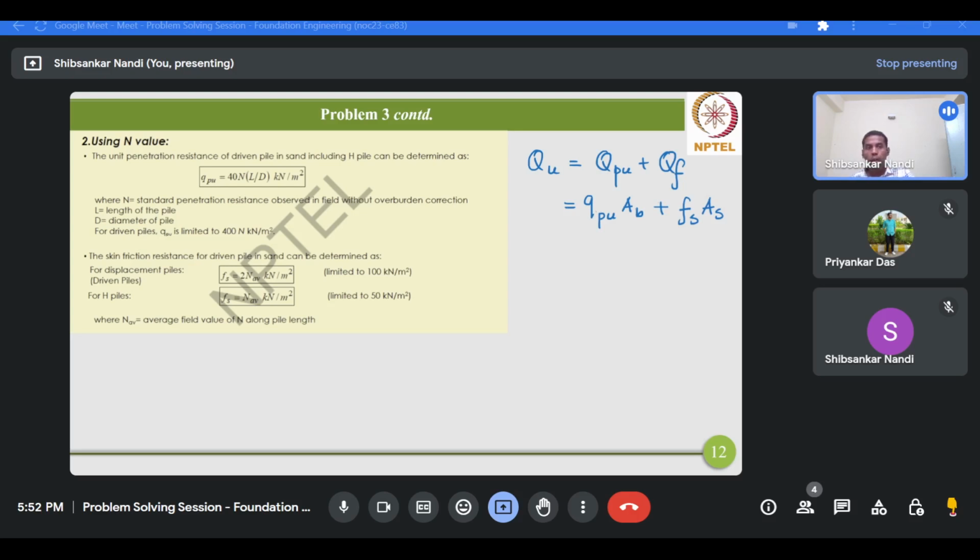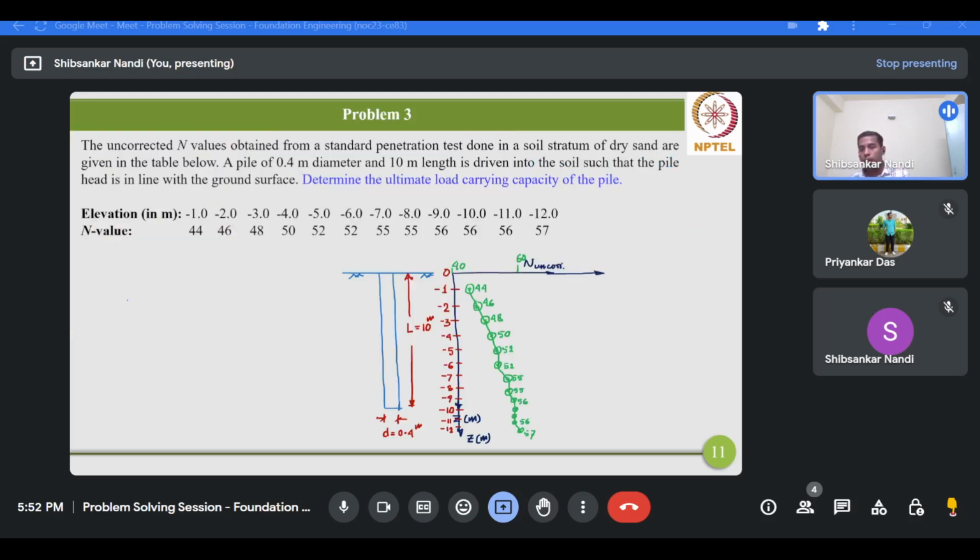Now AB and AS are very easy to calculate because the pile geometry is directly given to you. AB will be simply pi by 4 D square, and AS will be pi D L. For the given problem, you can calculate AB. It will be pi by 4 times 0.4 square, where 0.4 is the diameter of the pile, so it will be 0.126 meter square.